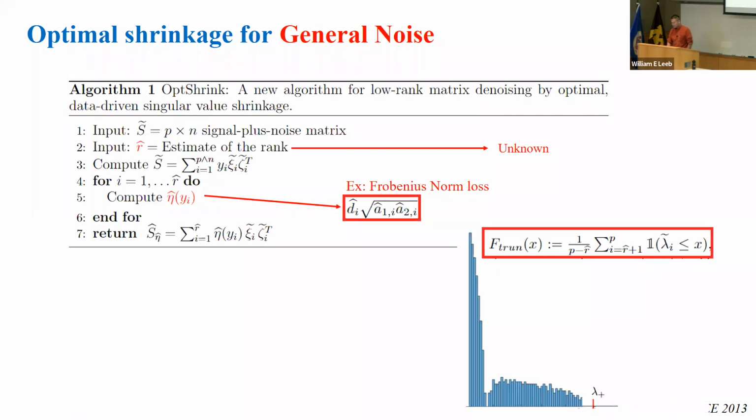So Nadakuditi introduced a method. This is the biased singular value distribution. Then they take the first R eigenvalues out, and they have a distribution like this. They claim that this distribution is very similar to the original eigenvalue distribution of the noise-only data matrix.